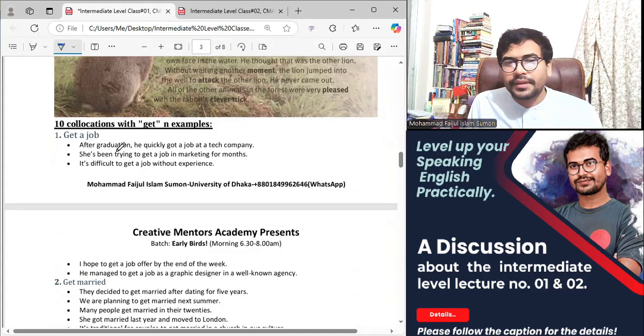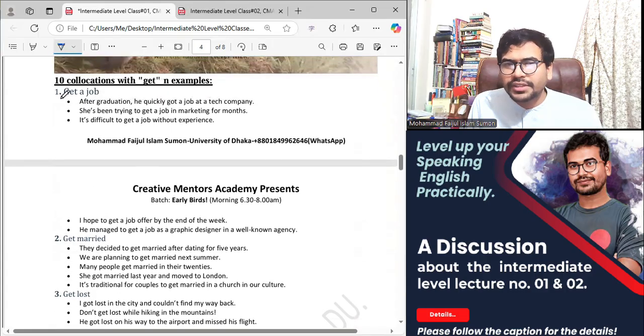Then the collocation. I have mentioned what a collocation is and how we can use it and implement it in our conversation. Get a job, right? So after reading this one, try to understand the actual meaning of get a job. Then try to read the examples here.